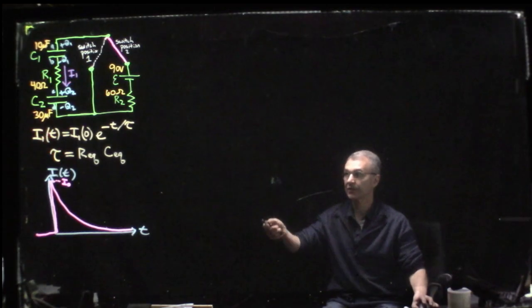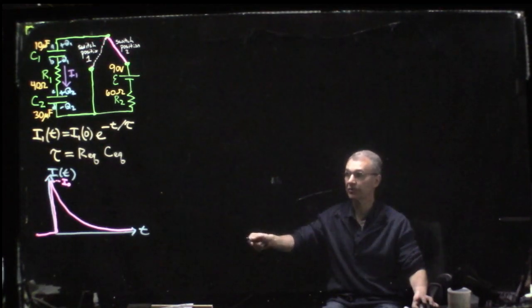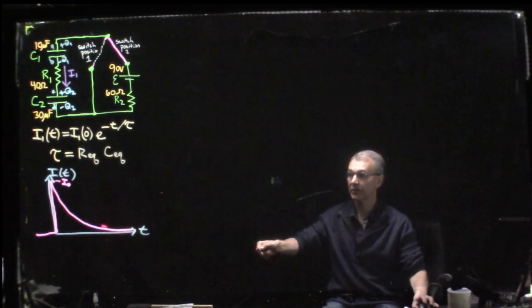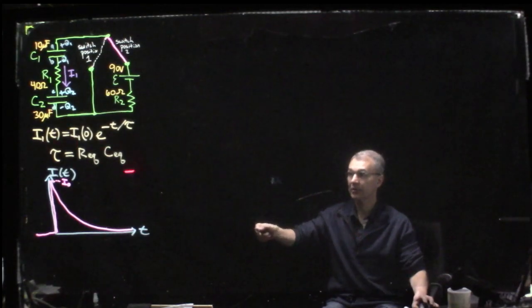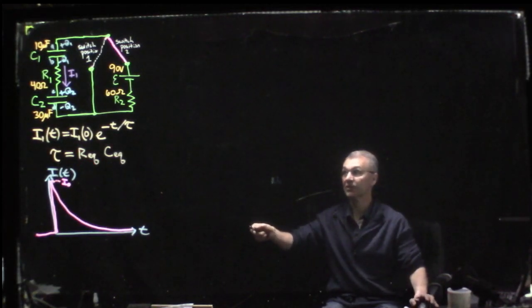That was the current through R1 at time 0, immediately after we moved the switch from position 1 to position 2, and then it's going to decrease with this decaying exponential shape, whose time constant is going to be RC, but because we have multiple resistors, multiple capacitors, it's going to be the equivalent resistance times the equivalent capacitance.